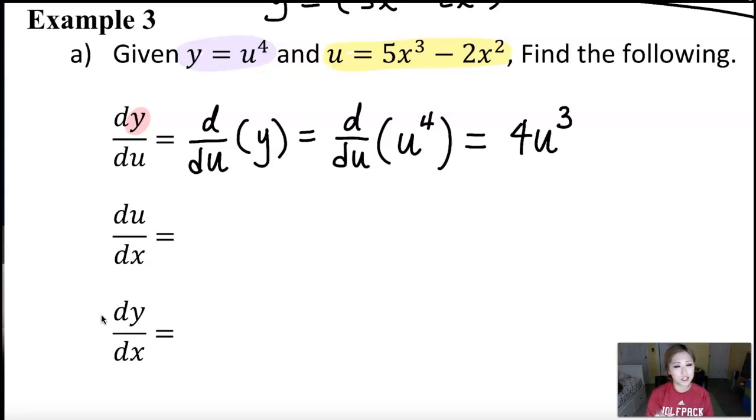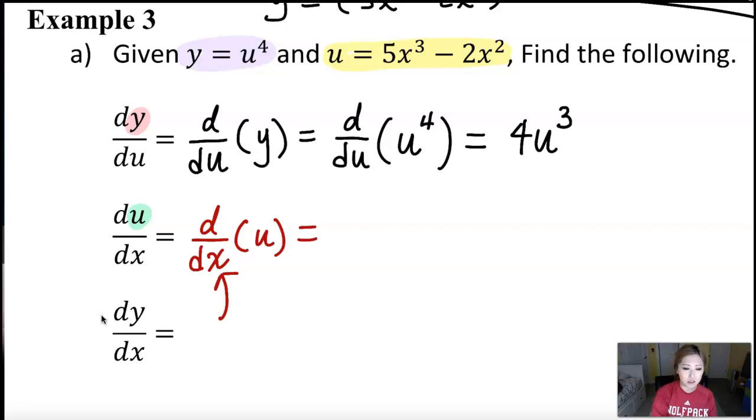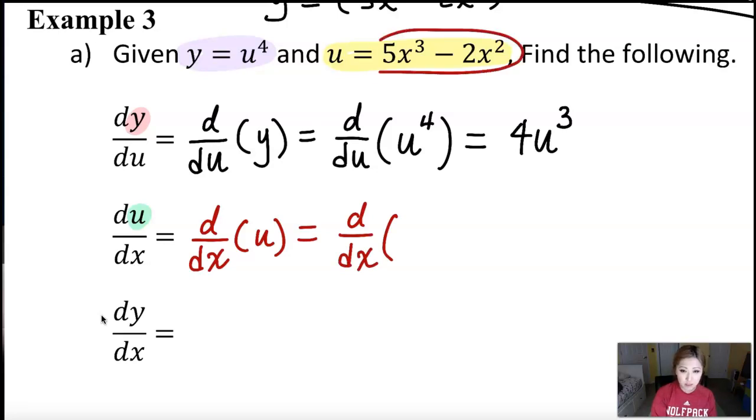Okay, so we keep it there. Next, what do they want? They want you to find du dx. Okay, so du dx, I'm going to go ahead and just bring down this u and make it clear to you that we're finding the derivative of u with respect to x. So let's plug in what u is. Okay, u is this expression.